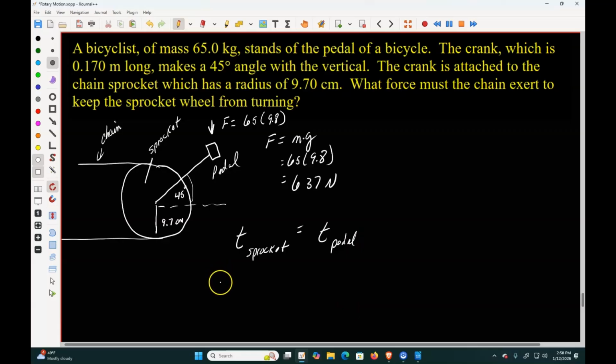So we're going to say that this force times the radius of the sprocket is equal to the force of the pedal times the radius of the pedal times the sine of theta.